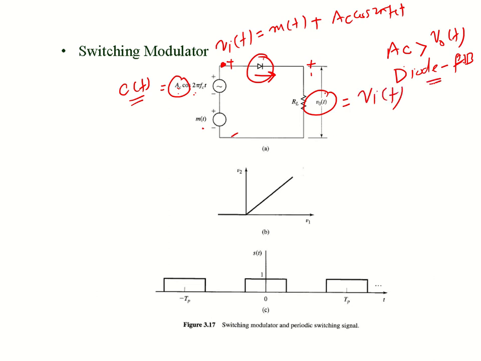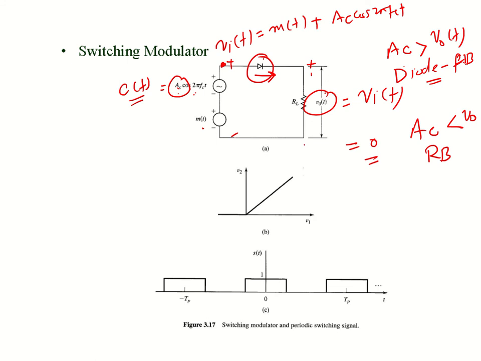And if the input is less than the output, the diode will be reverse biased and my output will be 0. So that is basically the switching modulator.